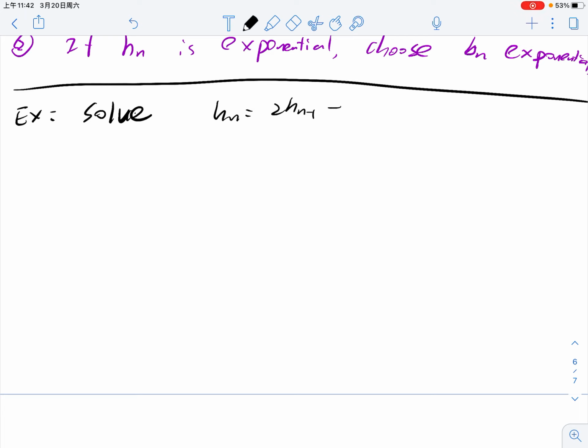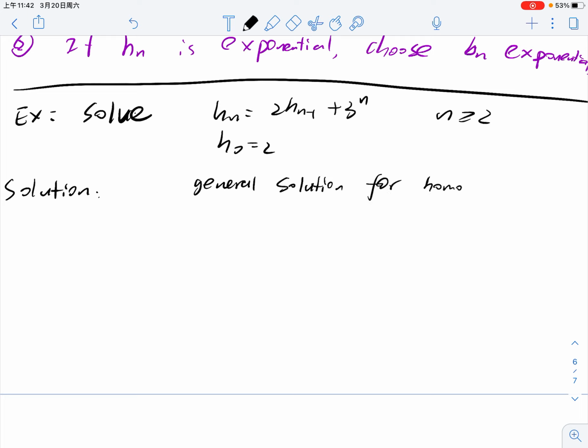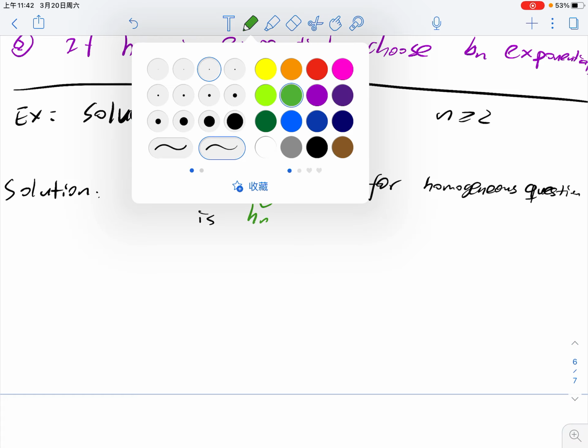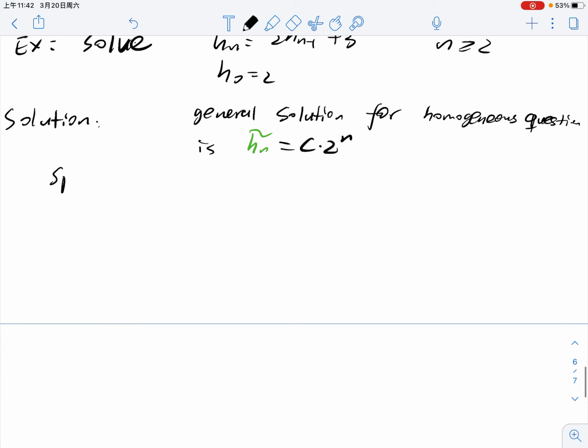So suppose you have this, and the general solution for the homogeneous part problem is Hn theta equals c times 2 to nth power, and then the special solution to the non-homogeneous one is Hn hat equals, we guess probably you have p times 3 to nth power.